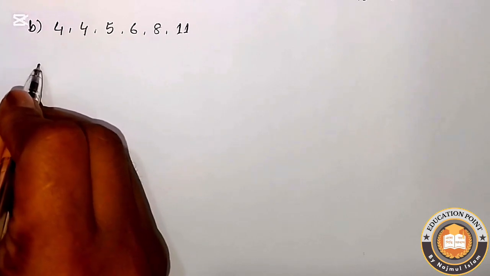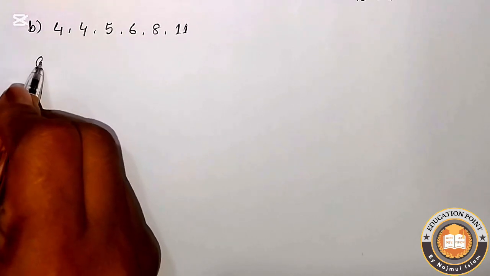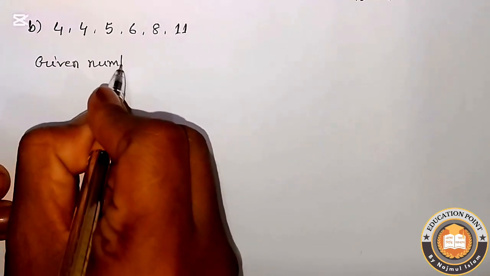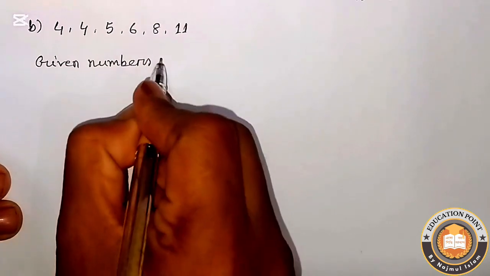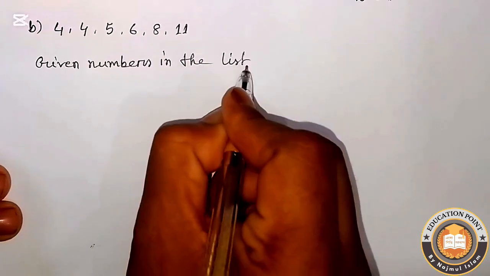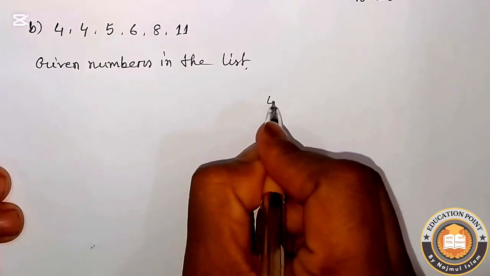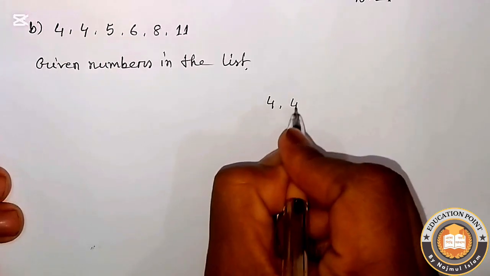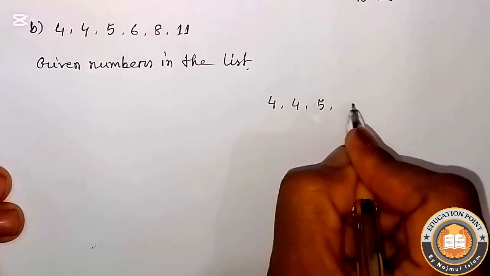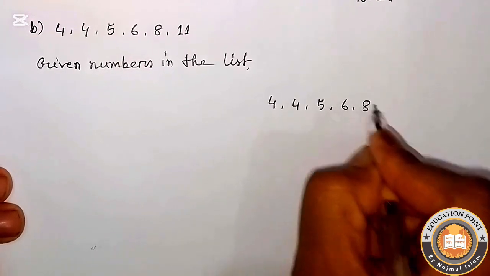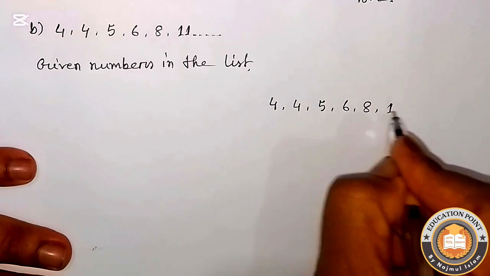Number B, given numbers in the list: 4, 4, 5, 6, 8, 11.